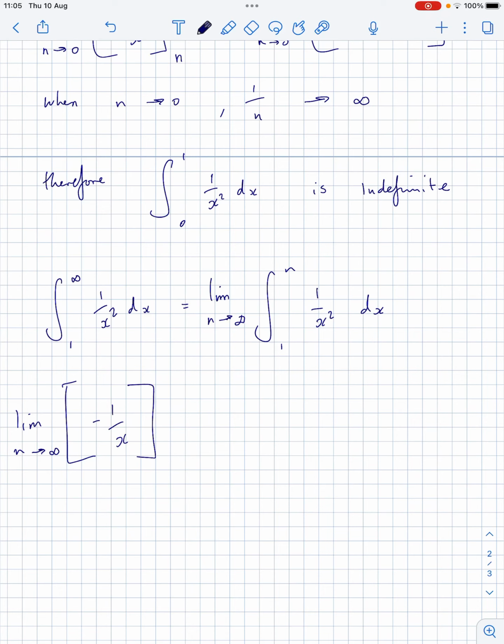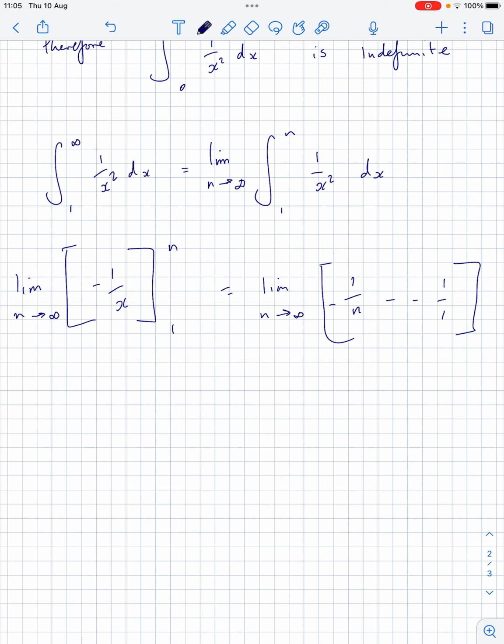Over x, and I'm going from n to 1, and that's the same as when I'm going to apply this limit. Still get my minus 1 that we had, but we get minus 1 over n, and then minus 1 when I put the lower limit in. Now, interestingly, this analysis step does give us a value, which is quite surprising.